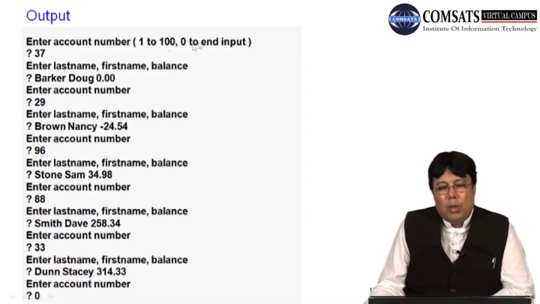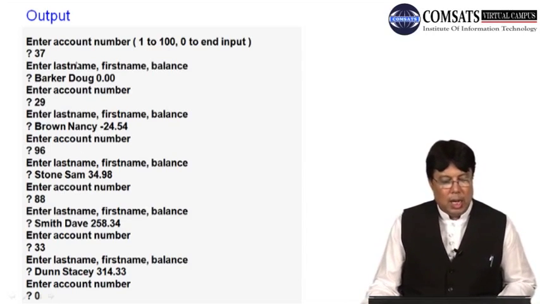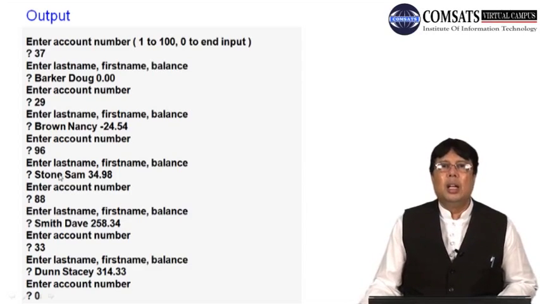Enter account number from 1 to 100, 0 to end the input, 37, and then you enter the last name, first name, and the account balance. Keep on entering account number 29, last name, first name, account balance, and you can keep on entering the data one after the other, and you are not bound to enter 100 records.